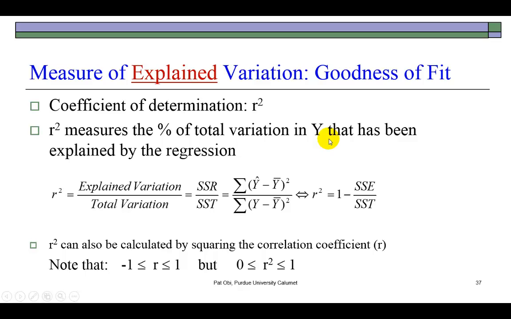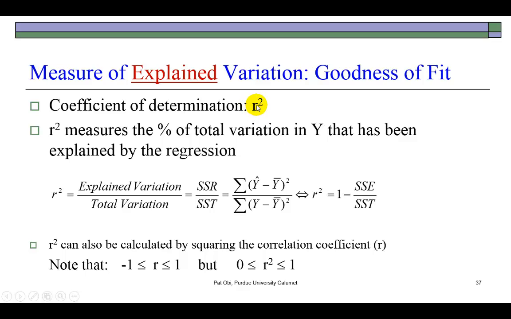So now, in that sense, let's formalize the calculations of the explained and unexplained variation. The measure of explained variation is also referred to as the measure of goodness of fit and is called the coefficient of determination, r square, which actually is the square of the correlation coefficient.